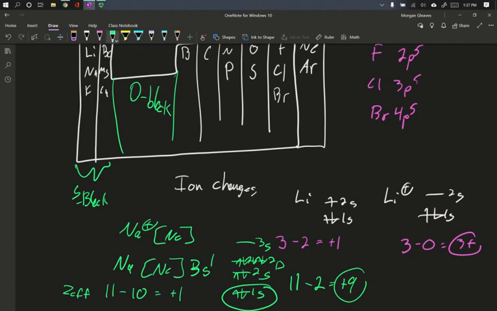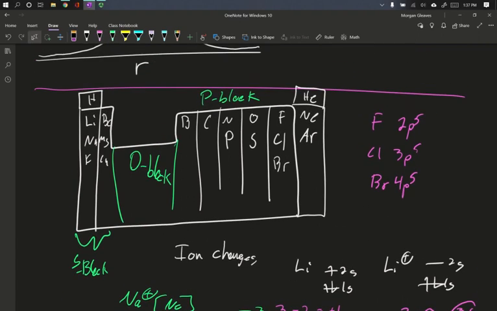There's a similar effect going on for magnesium and calcium. If we think about ion charge, there's +1 for lithium, sodium, potassium. There's +2 for beryllium, magnesium, and calcium, for the same idea. Once you've removed your outer shell, getting rid of your core electrons would be very difficult.